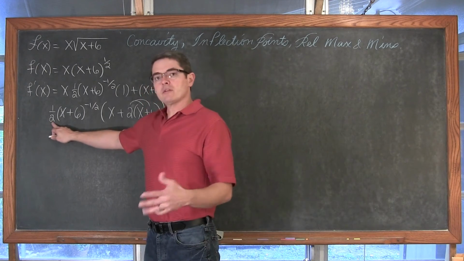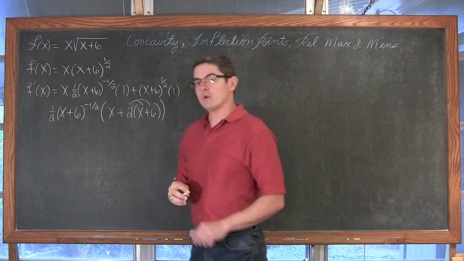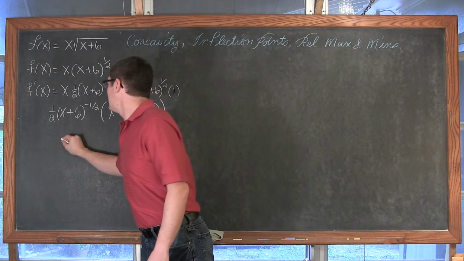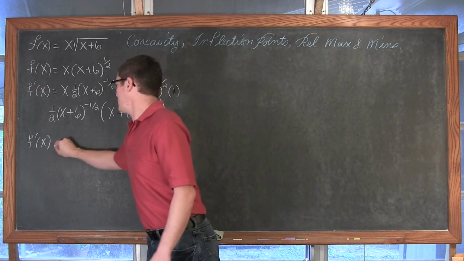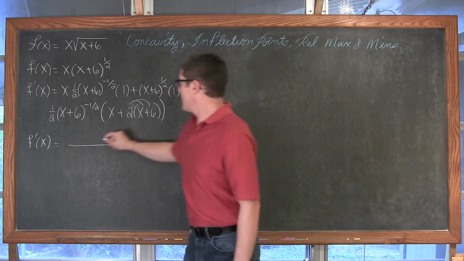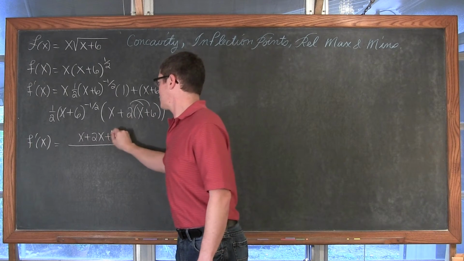So this 2 is already in the denominator, that 1/2 that we factored out, and the x plus 6 has that negative 1/2 power. So we're going to write the first derivative of f, or f prime of x, is equal to x plus 2x, just showing all the steps, times 6, which is 12.